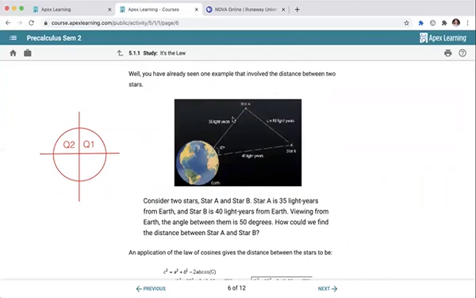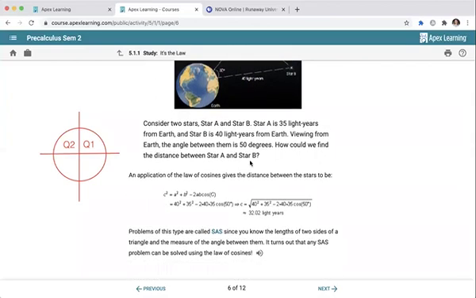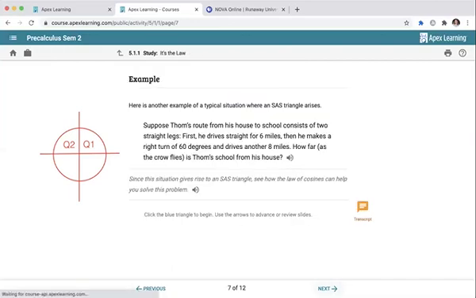So this is a side angle side problem, or a SAS problem. When we're dealing with those kinds of problems, we can use our law of cosines in its standard form here.